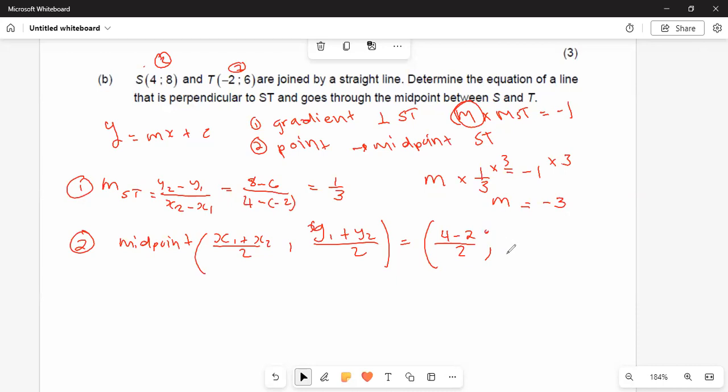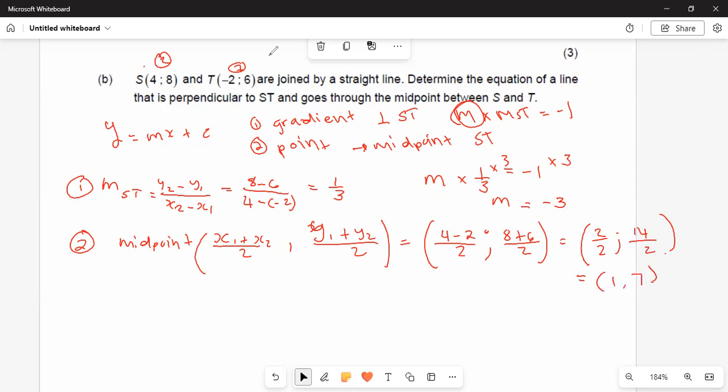So we have (4 - 2) and (8 + 6) over 2, which will give us 2 over 2. That will give us 14 over 2, resulting in the point (1, 7).